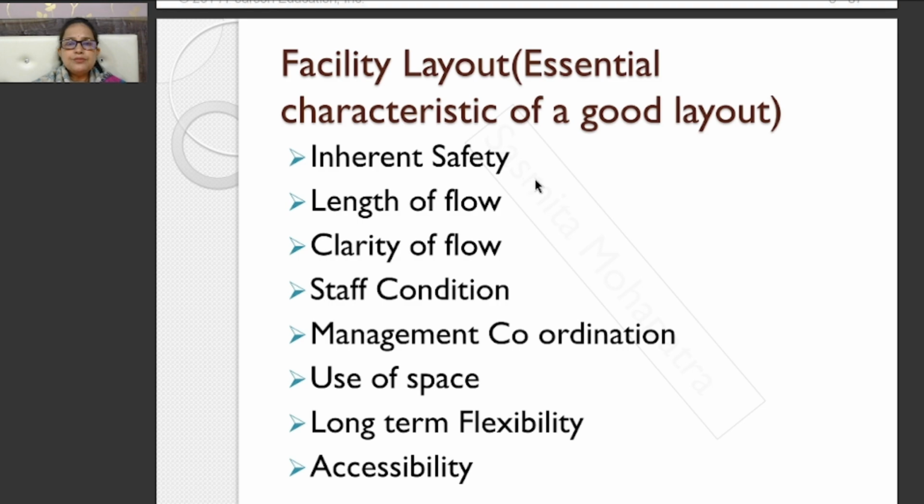How the flow of the machines, the flow of the workers, and the flow of the material is happening inside the organization. Clarity of flow. Then staff condition, management coordination, coordination among different people and different management organizations, that hierarchy we need to understand.